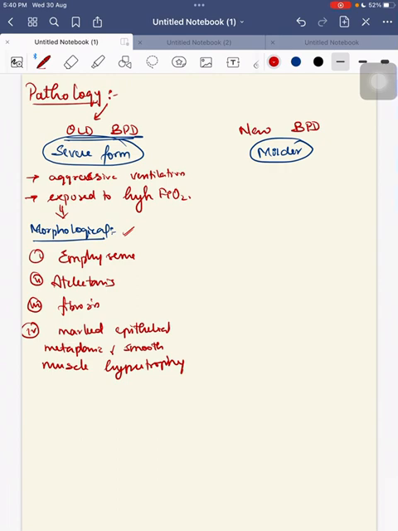New BPD is a milder form. Why is it a milder form? Because this occurs in an infant who has been exposed to corticosteroids, that is, in infants exposed to steroids. When you are expecting a premature delivery in a mother, you will give a steroid dosage to the mother.